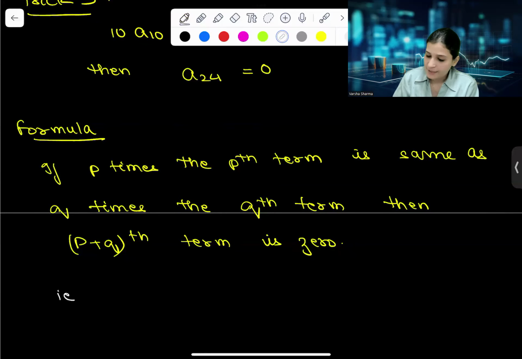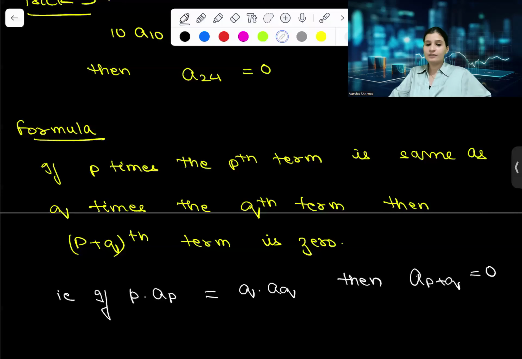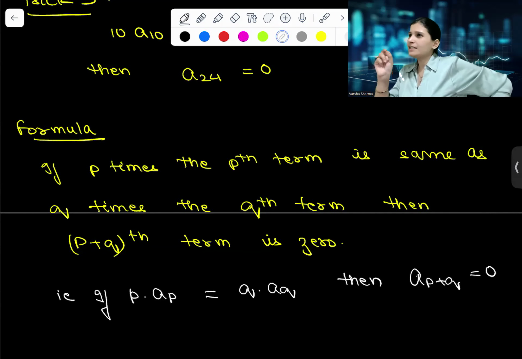That is, P into A_p is same as Q into A_q. What we need to prove is A_(p+q) is 0. Will you try? Please try. It's a little factorization in place. Try.